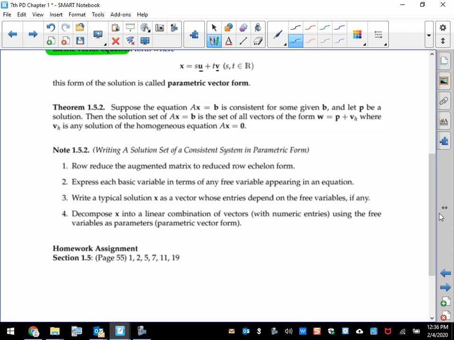Okay, so let's keep on reading. This theorem, theorem 2: suppose the equation Ax equals b is consistent for some b, which means that b lives in the span of the columns of A. Then let p be a solution. Then the solution set of Ax equals b is the set of all vectors of the form w equals p plus vh, where vh is any solution of the homogeneous equation.